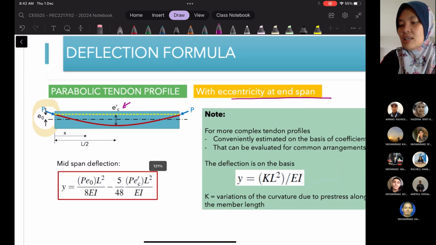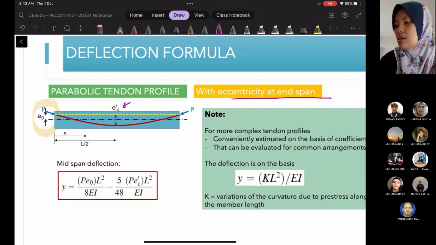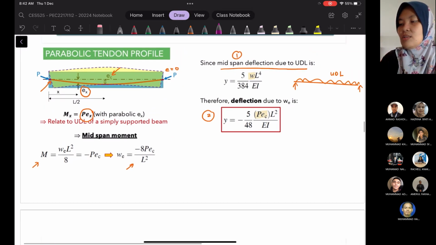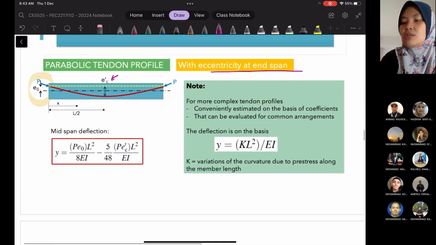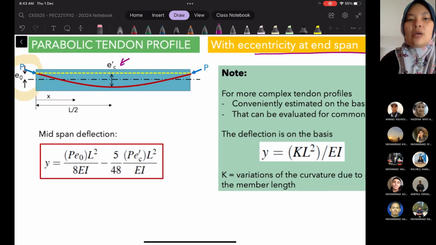So we can see that here we are going to have two equations. For the parabolic one earlier, there is only one equation, considering the PE value. However, if we do have eccentricity at the ends as well, then the calculation for the mid-span deflection will also have to consider the E naught value.